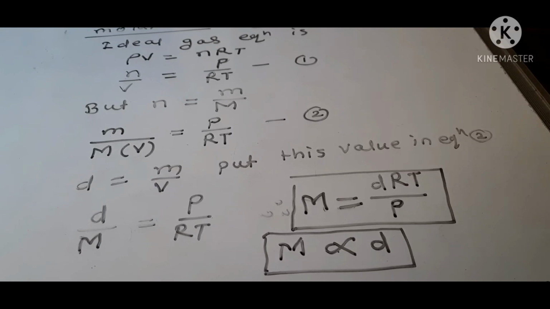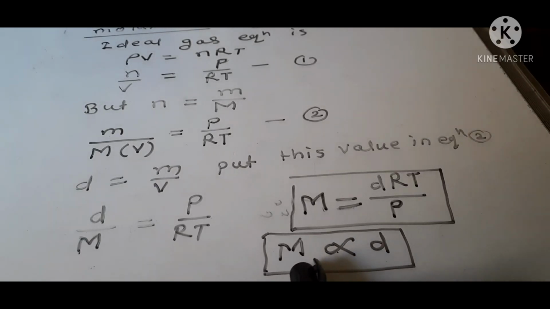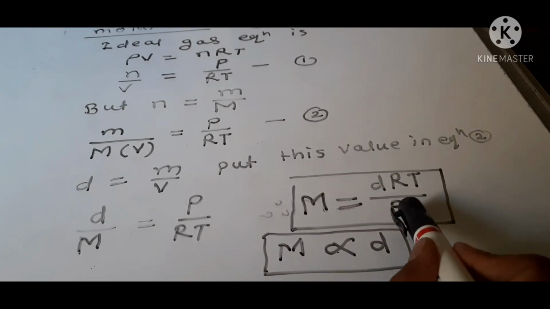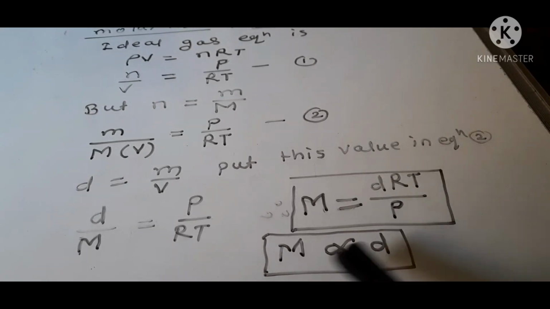From Boyle's law also we can derive this: M is directly proportional to D, or P is directly proportional to D. So molar mass is directly proportional to density, and pressure is directly proportional to density.